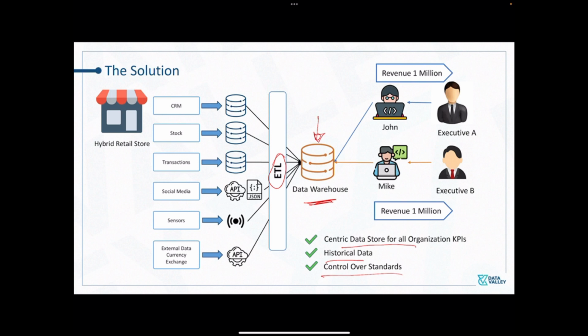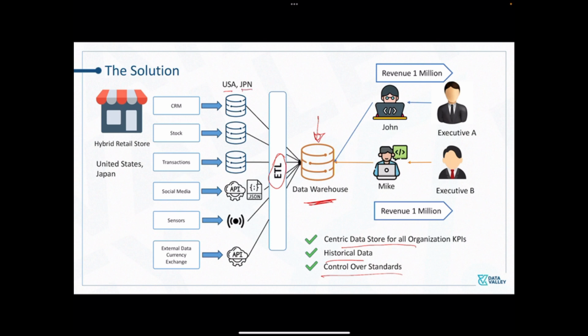Another point related to standards. Each system can have different standards. For example, let's say the country column. Let's say this retail store is multinational and we have branches all over the world. We have in the USA, we have in Japan, for example. So one system can code the country as three letters. Let's say the CRM is coding United States as USA and Japan as JPN.